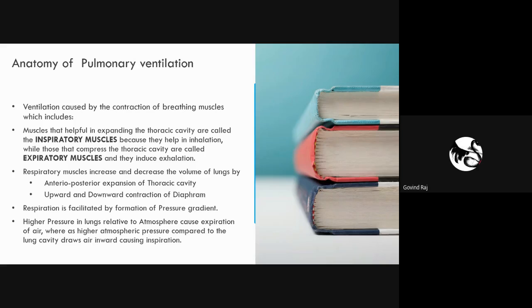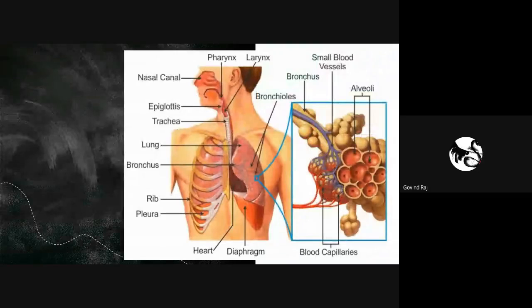Here two types of motion are seen. One is anterior posterior expansion of the thoracic cavity, and also upward and downward contraction of the diaphragm. When we talked about the different organs of the respiratory system, we forgot to mention the diaphragm.